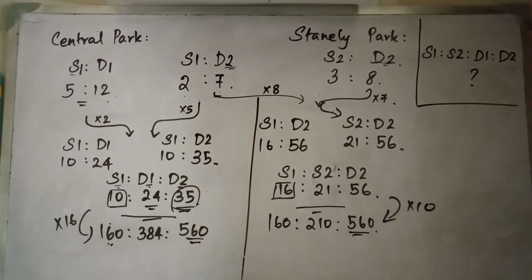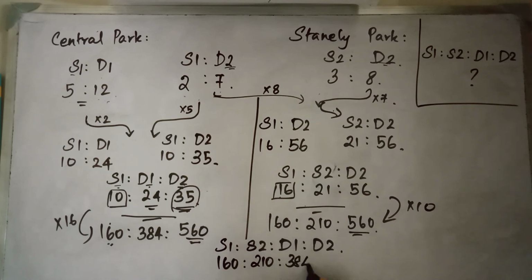So now I have come up with the overall ratio of S1 is to S2 is to D1 is to D2, and that is S1 is 160, S2 is 210, D1 is 384, and D2 is 560.